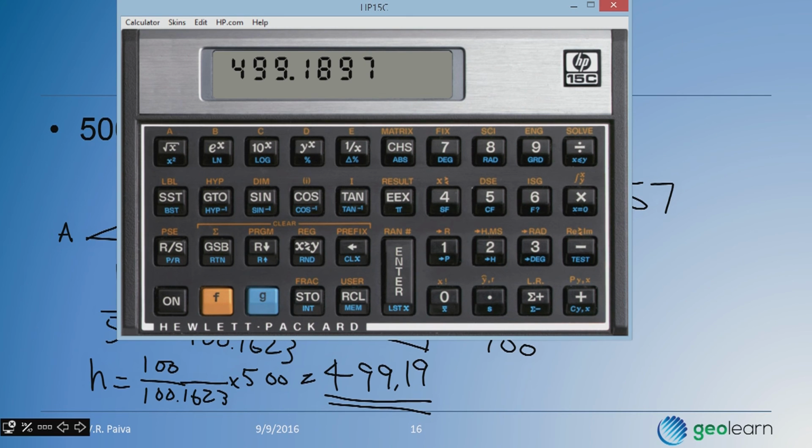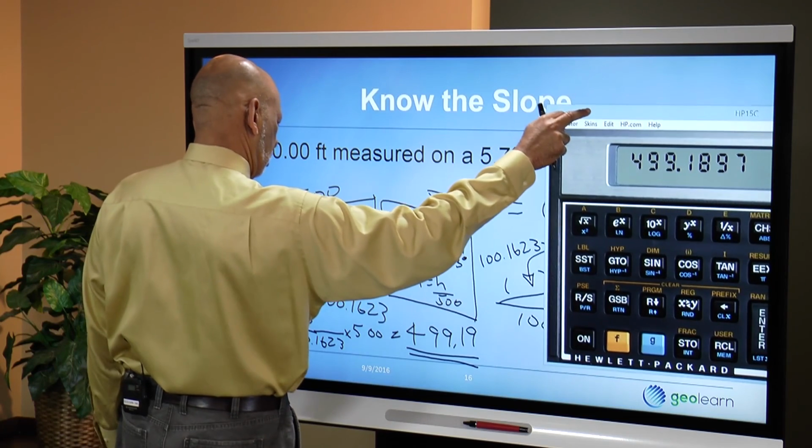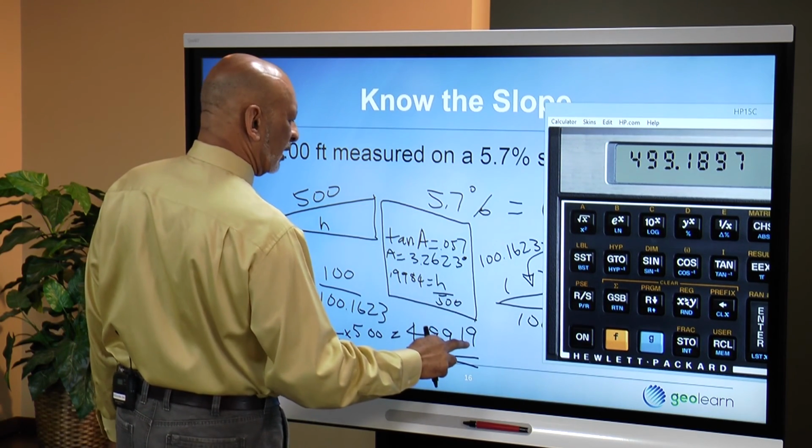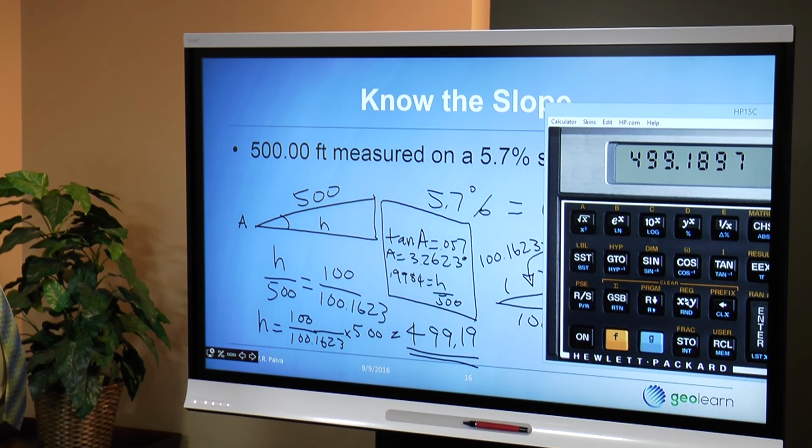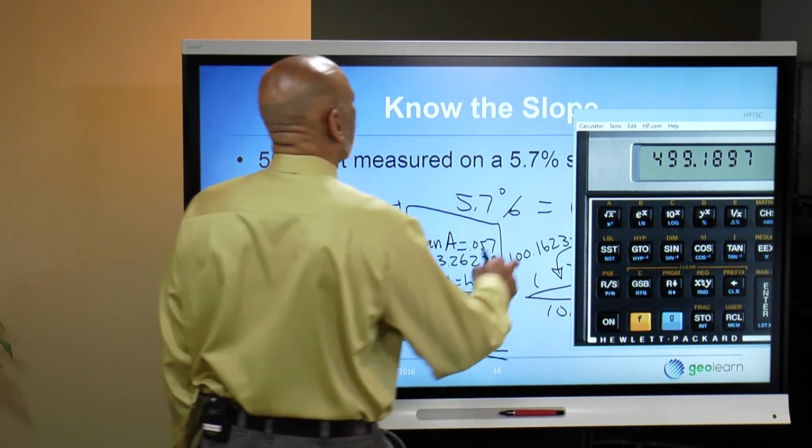I get 499.1897. I think that was slightly different, or maybe it was the same. I can't remember what my previous answer was, but you get the correct answer to the 3 decimal places. So that's how you solve that problem.